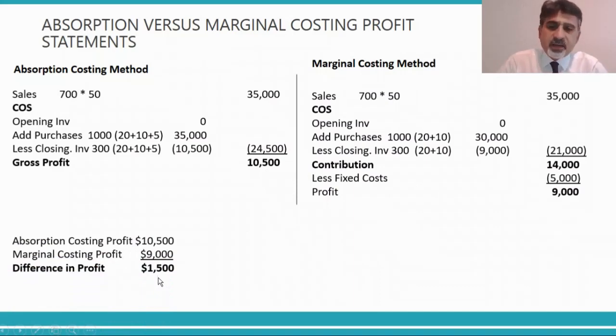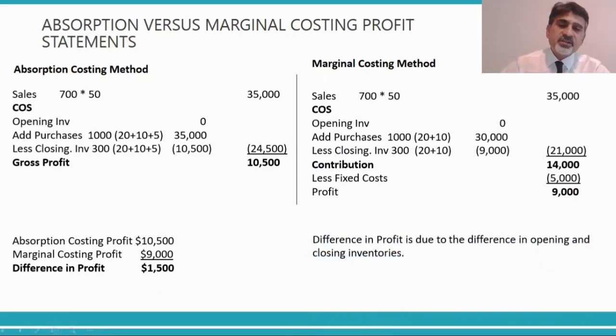Where does this difference come from? What is the source of that difference? The difference in profit is due to the difference in opening and closing inventories. So the rule is that whatever the difference between opening and closing inventories is, multiply it by the fixed overhead in each unit. If you remember, our opening inventory was 0 and closing inventory is 300 because we produced 1000 units and we sold only 700 units.